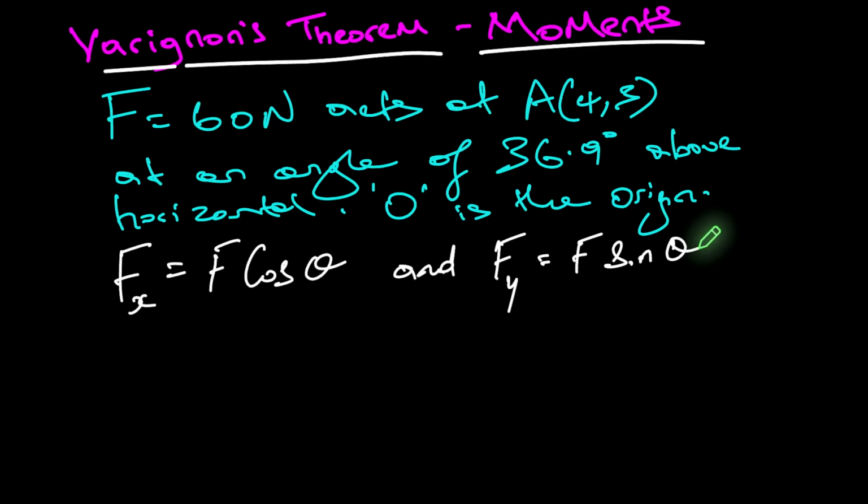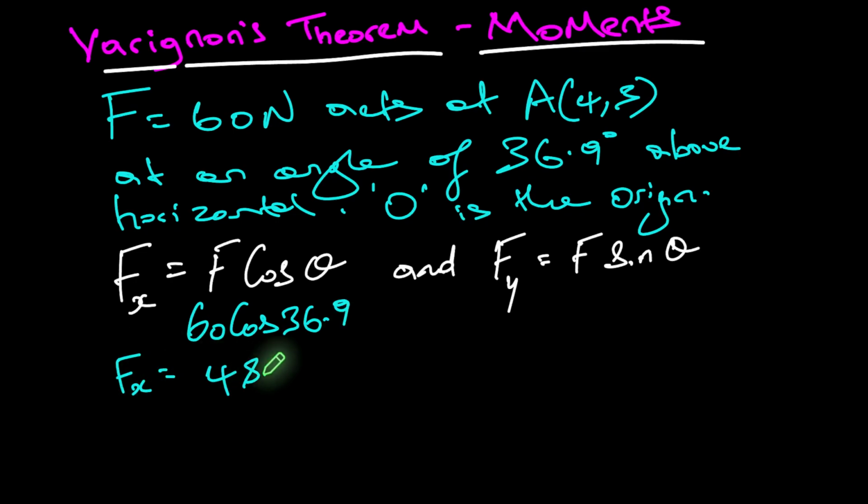So what we need to do here now is to really resolve these horizontally and vertically. So that's what we're going to have a look at now. Our force is 60 newtons and our angle being 36.9. So we're going to have here 60 cos 36.9 for the horizontal component. And this gives us a horizontal component of 48.0 newtons.